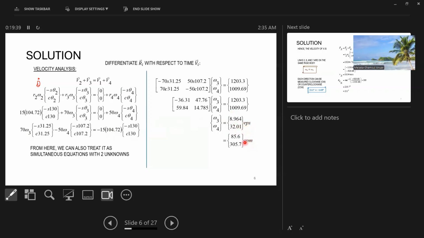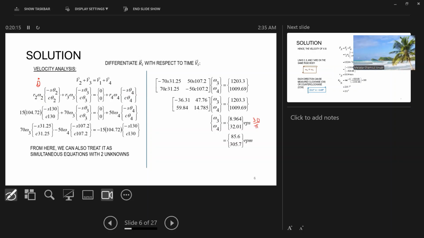But if you want to know how it is in revolution per minute, if you want to convert down to that, I guess we have to times by 30 and divide by pi.